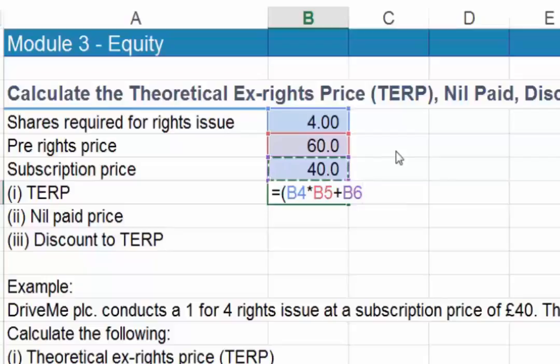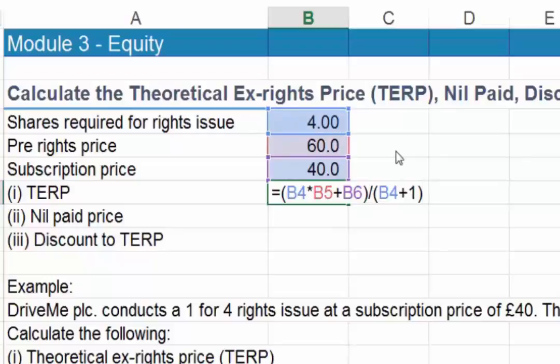So we had 4 shares times 60, 240, plus 40, which is the new share we're buying at a discounted price. Close the brackets there, and we need to divide this by the number of shares we have in total. So how do we know how many shares we have? Well, we were given a rights issue at 4, so we needed 4 shares originally, and we're going to add 1 to that number there.